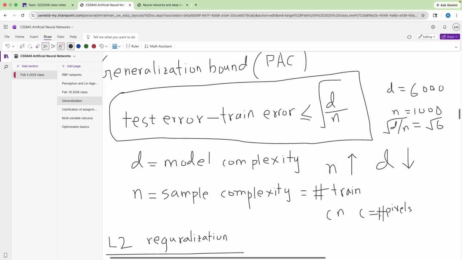Compared to n, it might be much smaller. But overall, the sample complexity usually denotes the number of training examples that you have in your problem.